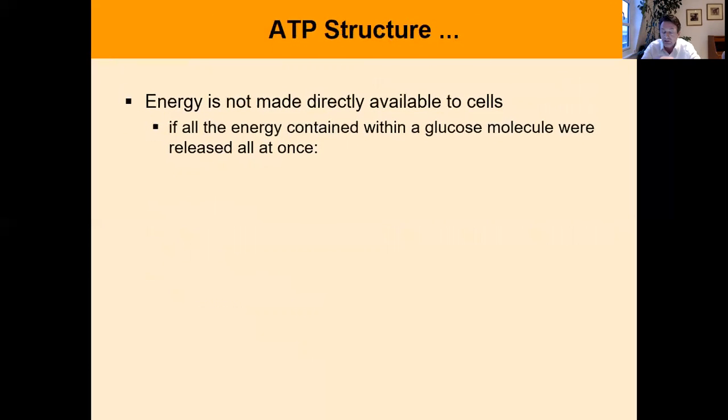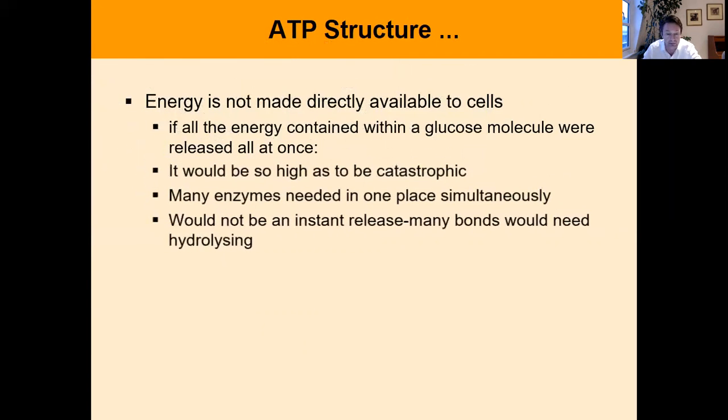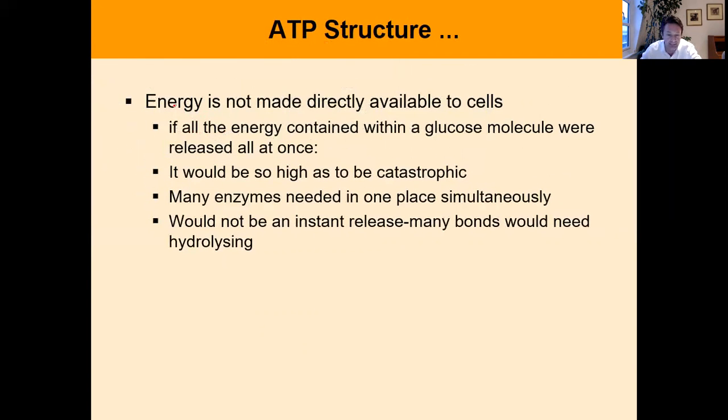So we've got this amazing molecule, adenosine triphosphate. We're going to have a chat about that and the structure of it. And so why do you need ATP? If energy was made directly available to the cells, then there would be too much energy available in one glucose molecule.